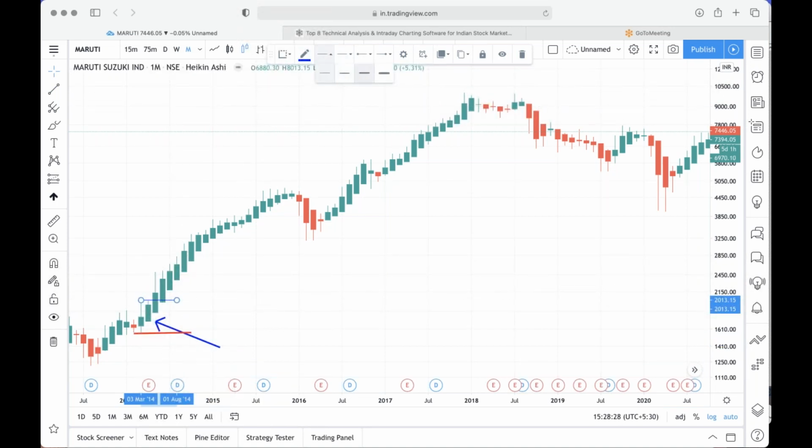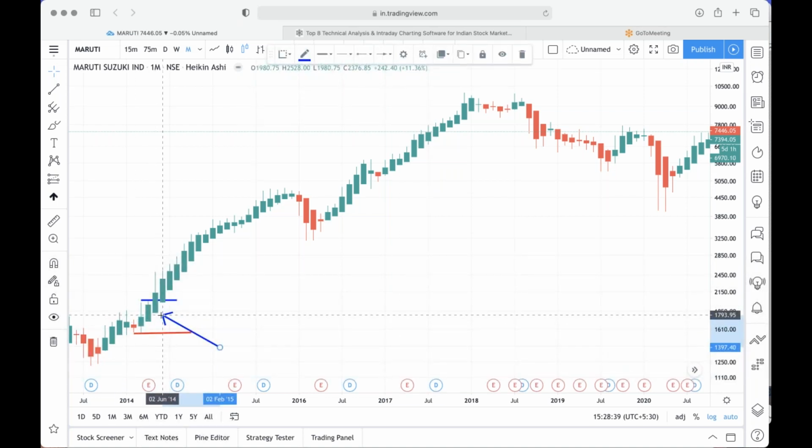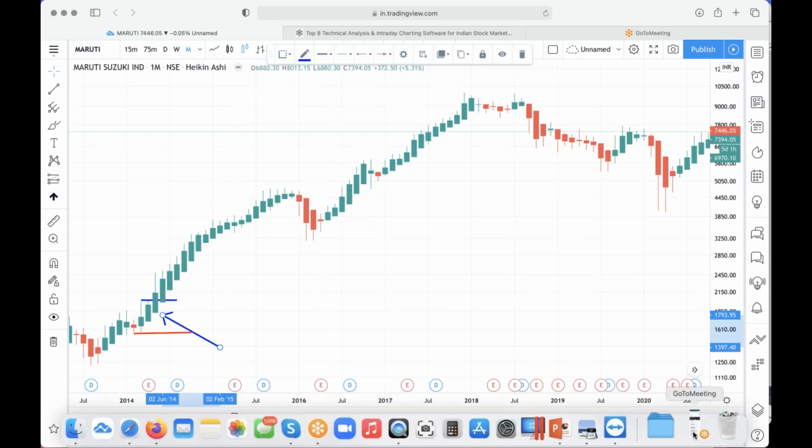And at this juncture, on this month closing price, I get a prospective trade. Next month, the market goes further up and I am long. I have entered Maruti. I have bought Maruti. By the way, the price that I've bought into is close to 2000, 2005. Let's say 2000.